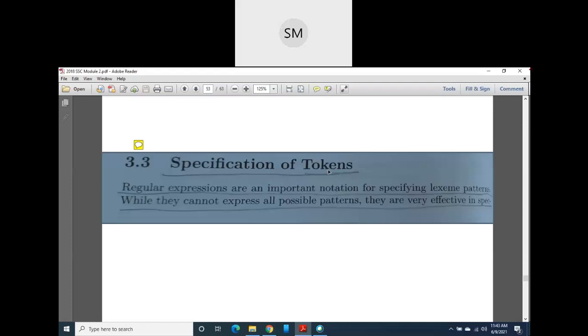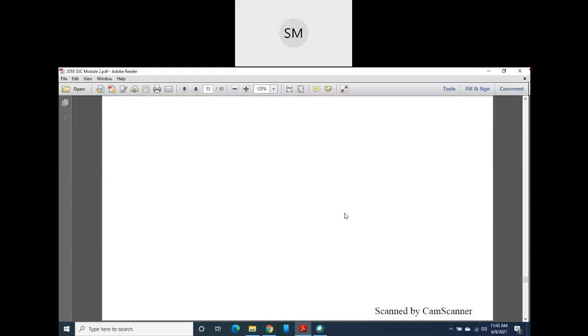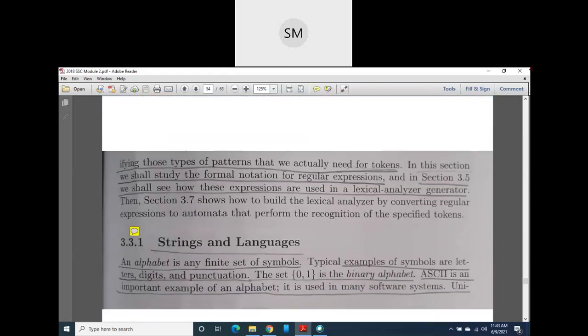So here the specification of tokens, or specifying tokens, is nothing but specifying our lexemes only. We are going to study this in this topic. Regular expressions will not represent all patterns. They will express all the patterns which are important for us to specify our tokens, at least in our programming languages.